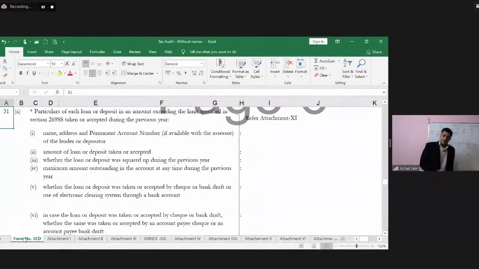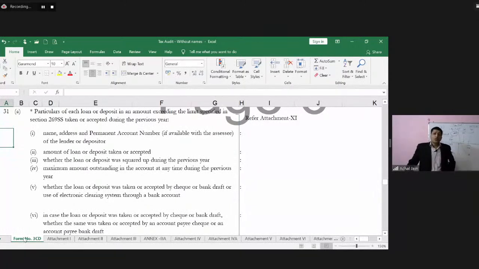First, particulars of each loan or deposit in an amount exceeding the limit specified in section 269SS, taken or accepted during the previous year. So this is about taken or accepted during the previous year. Now there are various particulars for this. Name, address, PAN number of the lender or depositor, means who has given this.